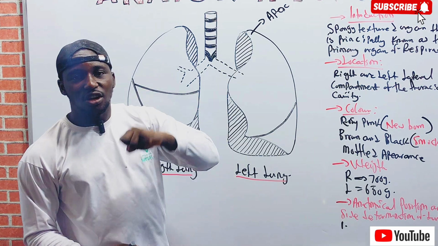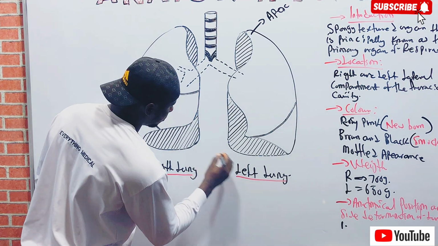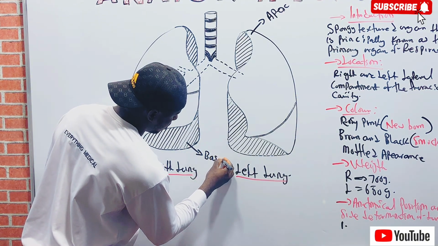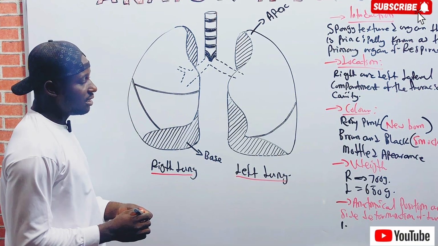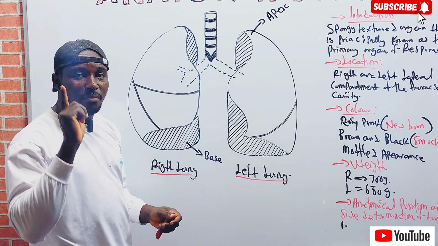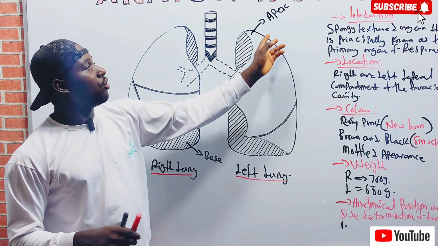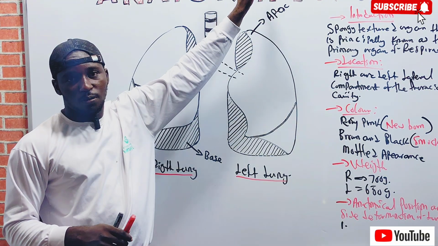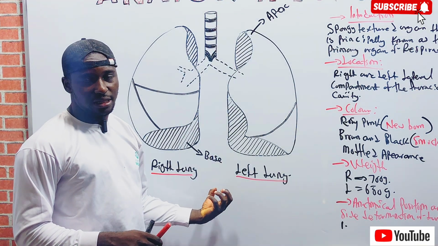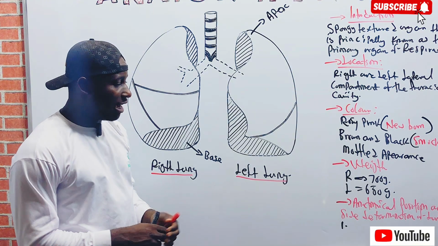It rests on the dome of the diaphragm. This is the base of the lungs. That is the number one determination of the lungs: the conical lung apex is directed upward towards the root of the neck, while the base is directed downward towards the dome of the diaphragm.